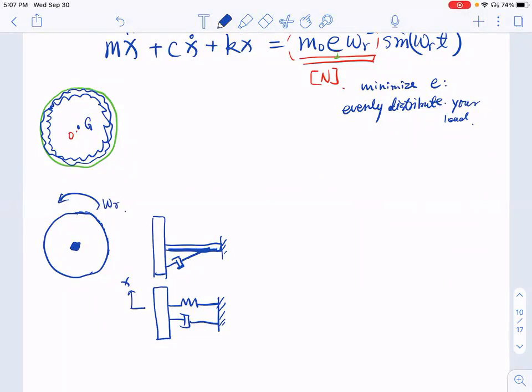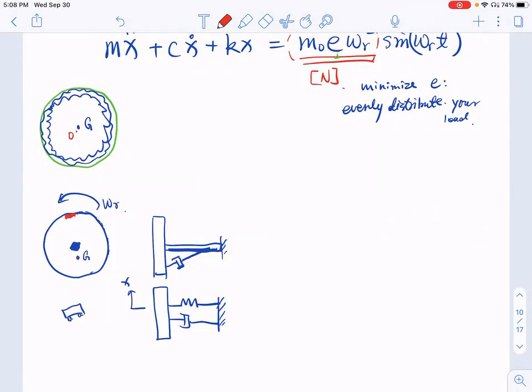If you go to some of the auto parts stores, they have these small metal clamps. You can actually clamp them on your tire rims. So what it does is, for example, if your tire is manufactured in a way such that your center of gravity is slightly away from the center of rotation, you can take a small piece of mass and mount it on this edge to balance that drift.